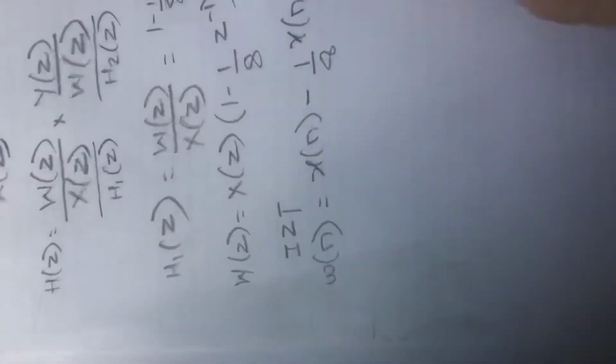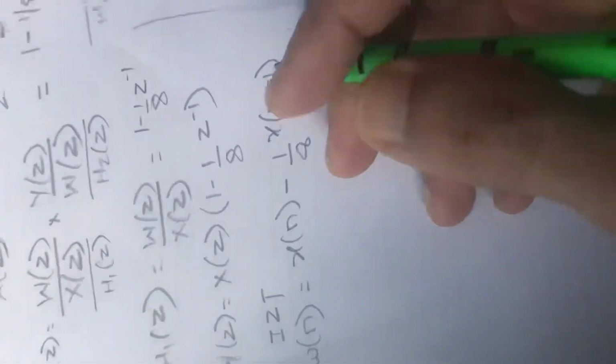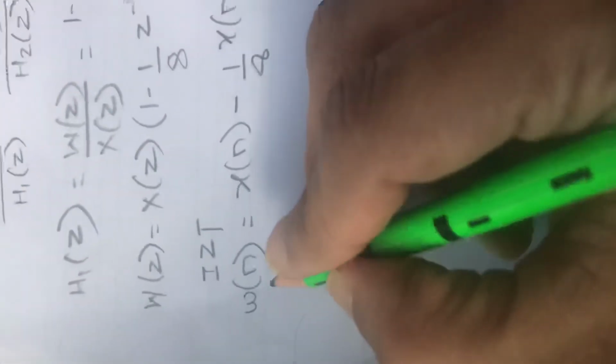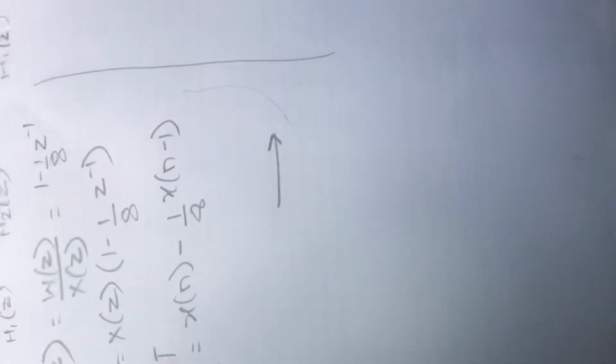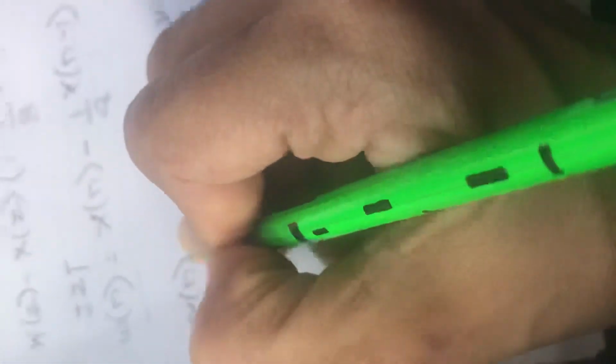Okay, so this is my subsystem 1. Now if I want to realize this, I know that there is an output w of n. So this same we have to draw using signal flow graph kind of things. This is my w of n, right? And at the input I have x of n. So at the input I'll draw x of n.